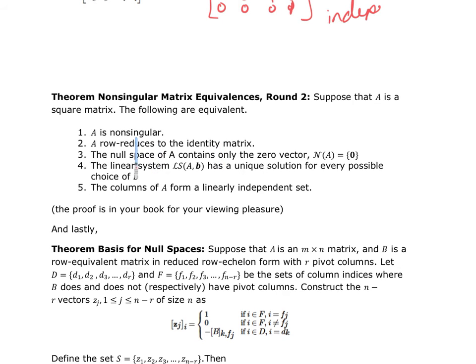The linear system with vector B has a unique solution for every possible B. So in other words, for part number 4, if I can take the coefficient matrix, and it doesn't have to be a homogeneous system, and get it into the identity matrix in reduced row echelon form, then I know I'm going to have a unique solution for my system. And lastly, the columns are linearly independent.